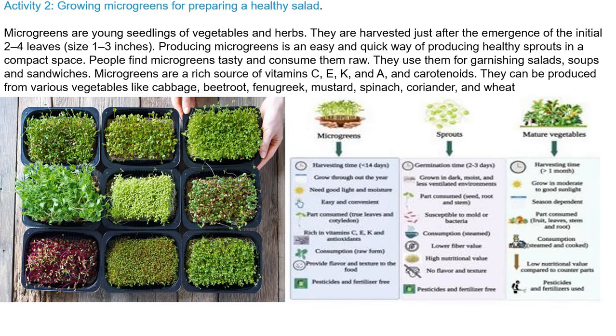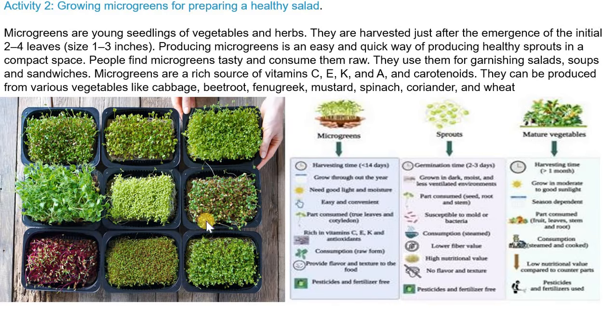People find microgreens tasty and consume them raw. They use them for garnishing salads, soups and sandwiches. Microgreens are a rich source of vitamins C, E, K and A and carotenoids. They can be produced from various vegetables like cabbage, beetroot, fenugreek, mustard, spinach, coriander and wheat.